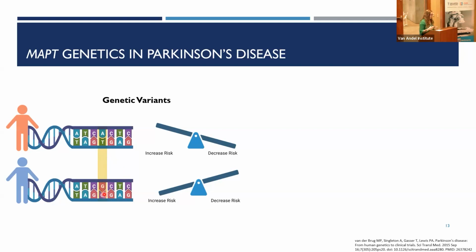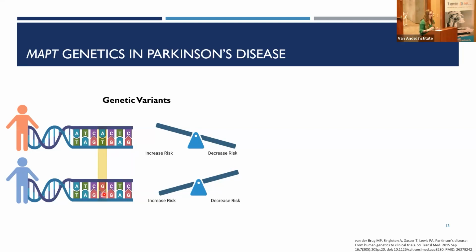Some of these variants don't do anything. They aren't associated with any disease and they're normal and they make me look different than Helen here, right? But some of these variants will either increase your risk for disease or can even decrease your risk for developing disease. But the risk is the key term here.